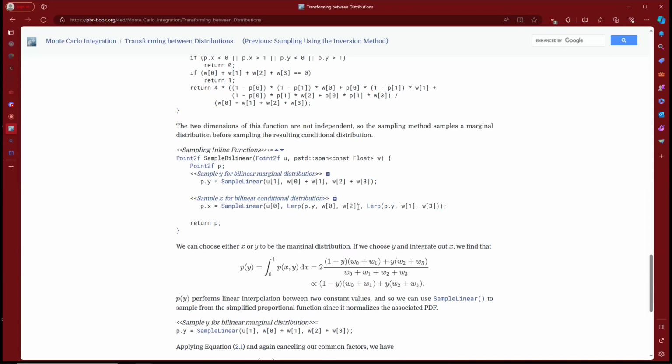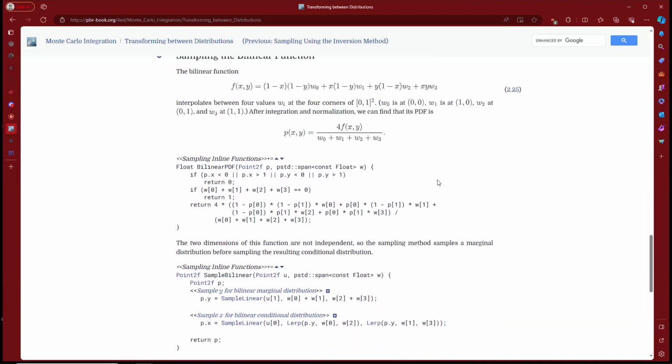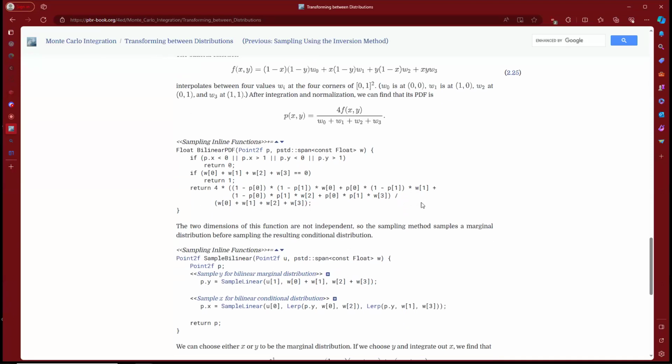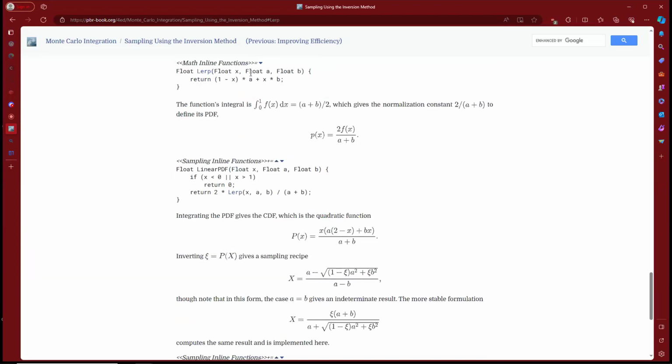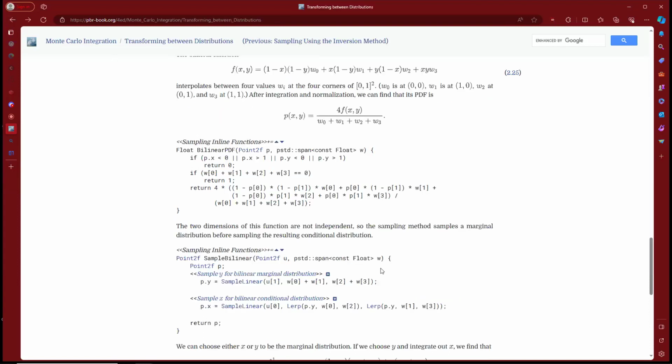Sample a y, and then I guess, which argument is the mixed term on their lerp? Yeah, okay, the first term is. Okay, so you're mixing with p of x, or p of y rather.